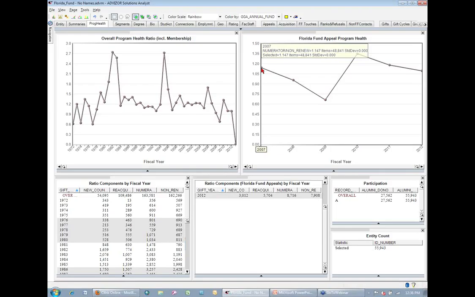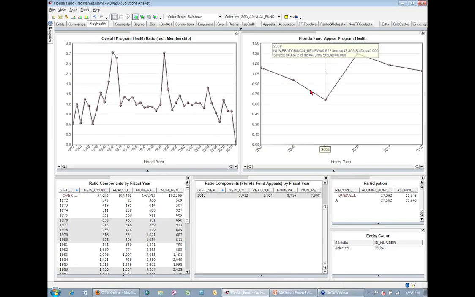So how many didn't renew? And that gives you a ratio, and you want your ratio to be greater than 1, of course, because you want your new and reacquired to be higher than the number that don't renew. And if you notice, we are above 1 here, which is good.